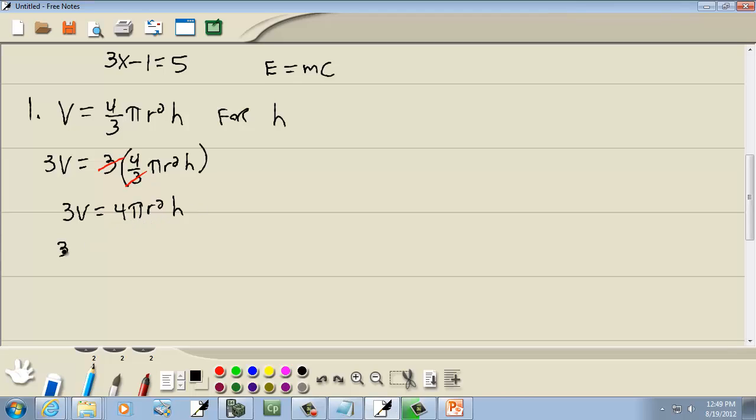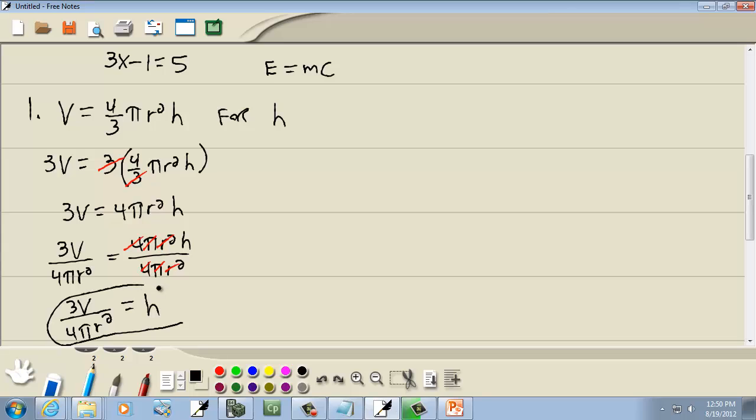So we're going to divide both sides by 4 pi r squared. I'm going to do that. These 4s cancel, the pis cancel, and the r squareds cancel. And we got h is equal to 3v over 4 pi r squared. And that's our answer.